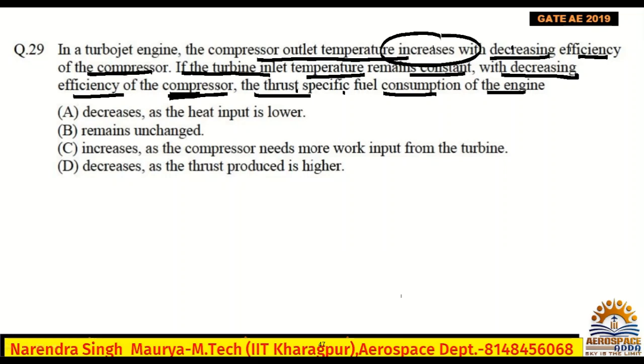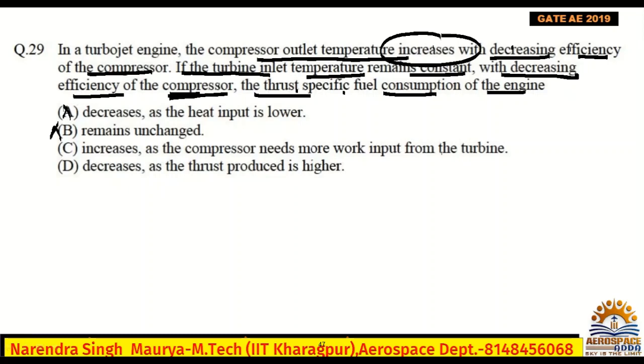Okay. Now, decreases, no. Remains unchanged, no. Increases as the compressor needs more work. Why? Because it is not efficient, its efficiency is decreasing. If more work input is required from the turbine, it means the turbine should do more work.